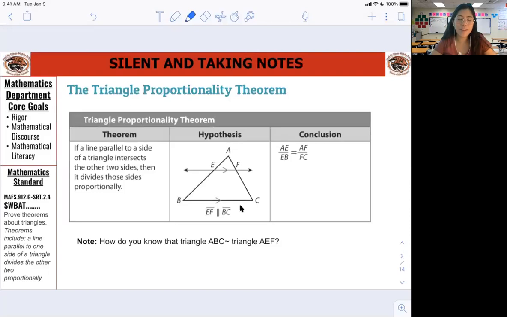Guys, let's just have somebody read. If a line parallel to a side of a triangle intersects the other two sides, then it divides those sides proportionally. Okay.